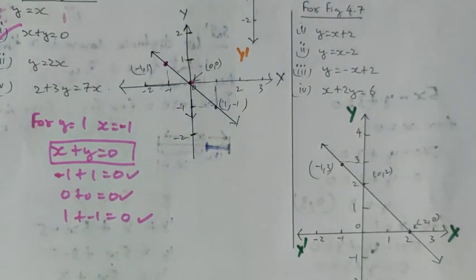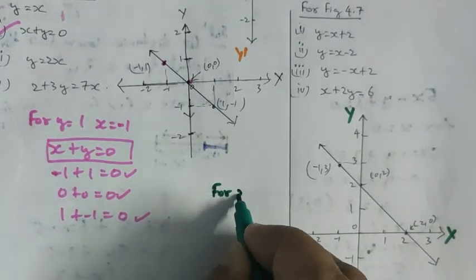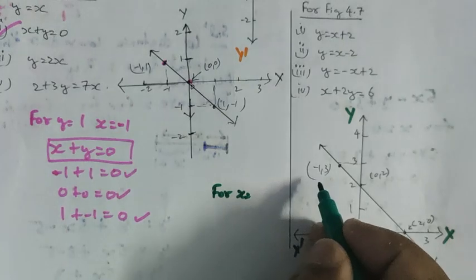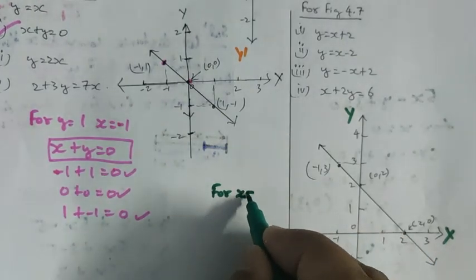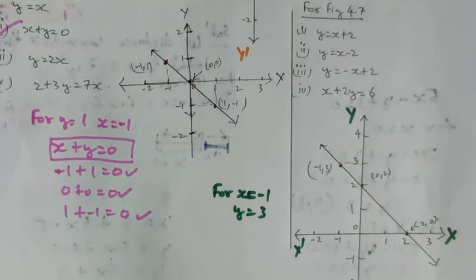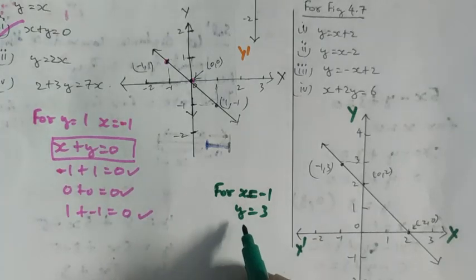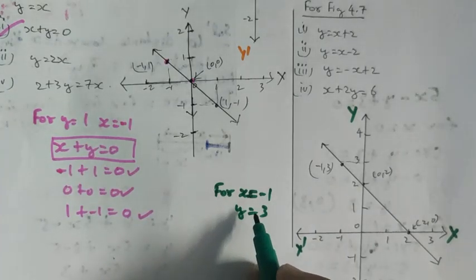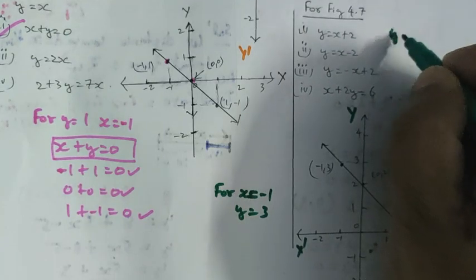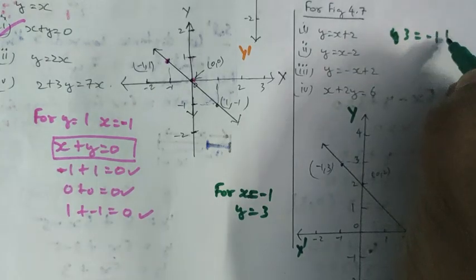Let's take the first point, (-1, 3), so x equals -1 and y equals 3. If we take the first equation, y equals x plus 2, then 3 equals -1 plus 2.